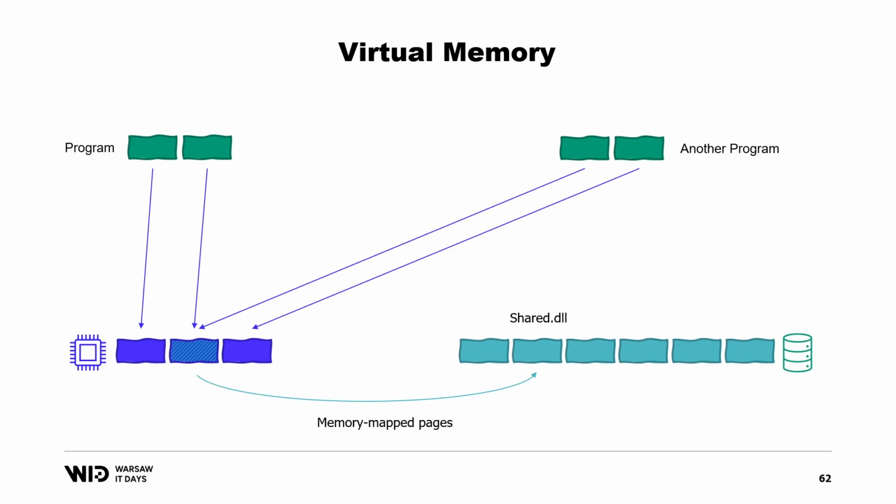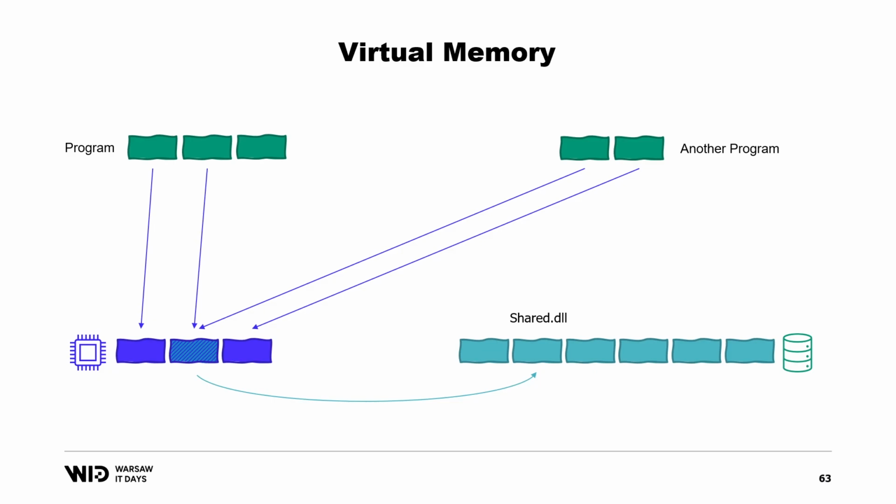Here, for example, we have two programs totaling 4 pages of memory, when physical memory only has room for 3. Now, what happens if we want to allocate one more page in the first program? There is no room available, but the kernel, the operating system, knows that the memory mapped page can be dropped temporarily, and when necessary, it will be able to be reloaded from persistent storage identically.